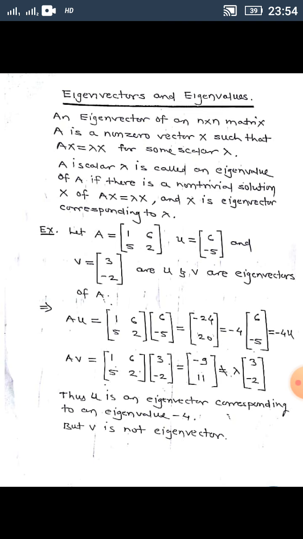Now we can only take 1 as common from this, so 1 cannot be the eigenvalue we consider here. We want a non-trivial solution, and we don't have any other element which can be taken as a common factor. So V is not an eigenvector for the matrix A. So only U is the eigenvector, with corresponding eigenvalue minus 4.